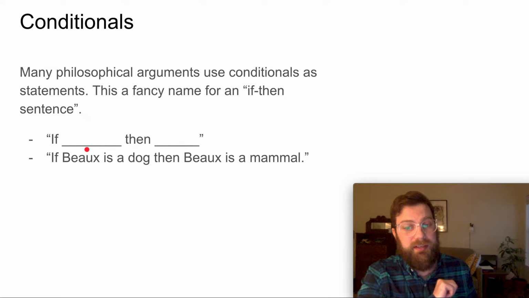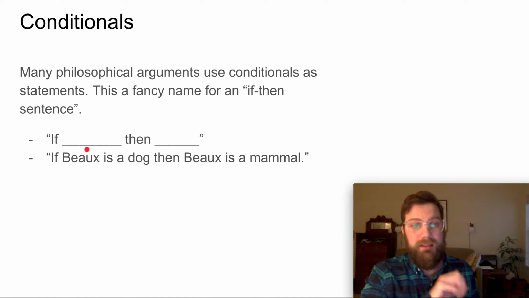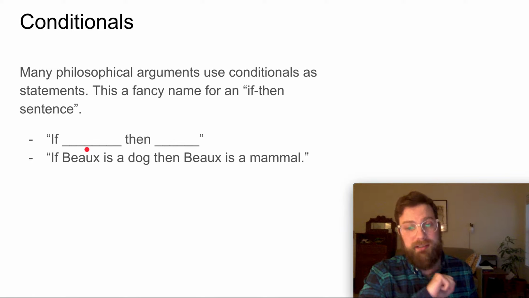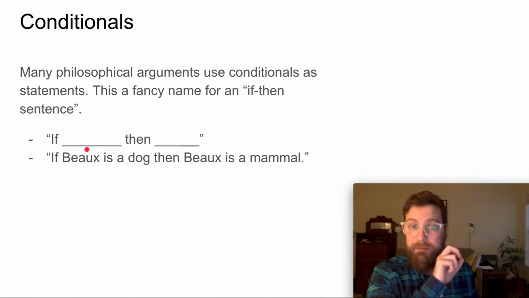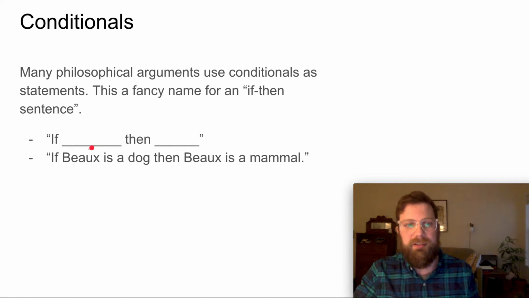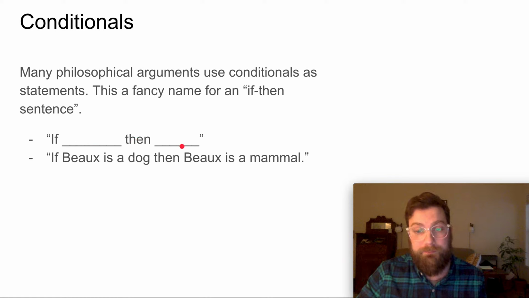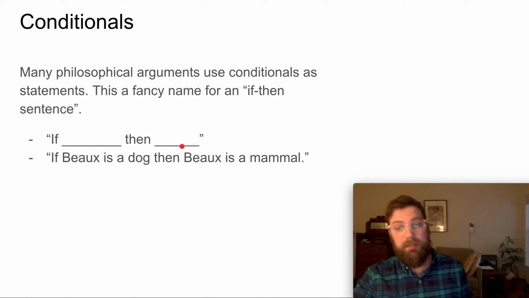So you can take a simple sentence like Bo is a dog, and then you can put an and, and then say Bo is a mammal, right? So then you have a complex sentence that says Bo is a dog and Bo is a mammal, right? Well, conditional sentences are like this too, and it's sort of like instead of putting an and between two sentences, you're putting an if blank, then blank to tie two sentences together.